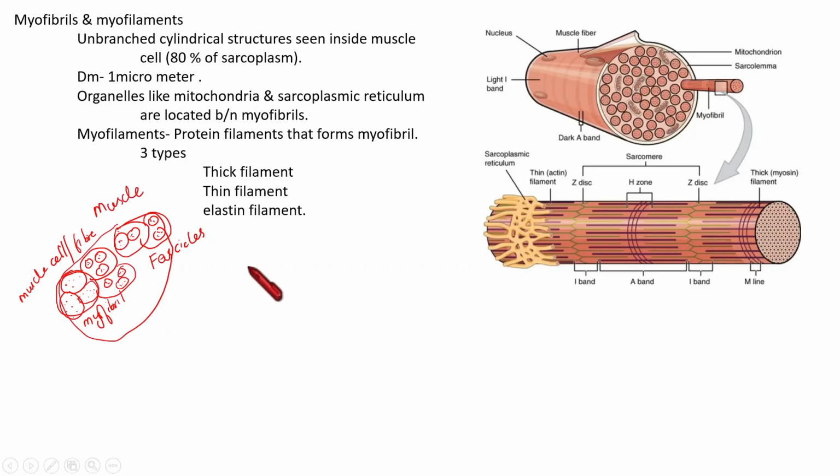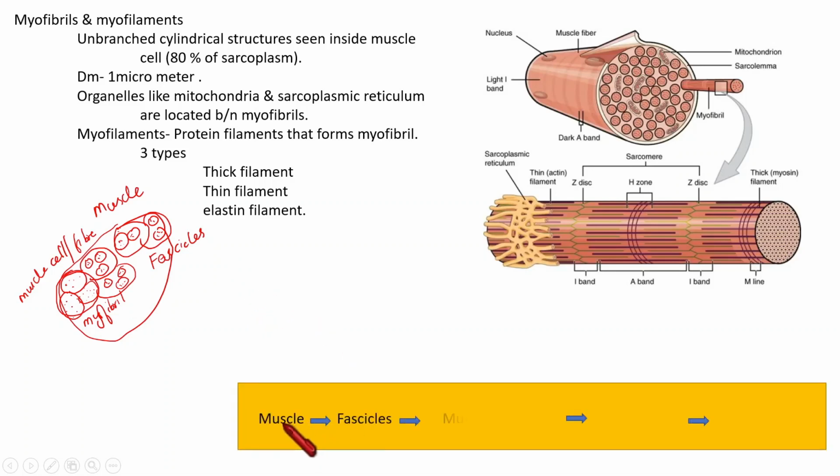Okay, that is the organization in reverse order. I think it's clear. So look here. A muscle is composed of so many muscle tissues, that is, fascicles. Inside the muscle tissue, we can see so many muscle cells or fibers. Each muscle fiber is composed of so many myofibrils, and each myofibril in turn is composed of so many myofilaments.